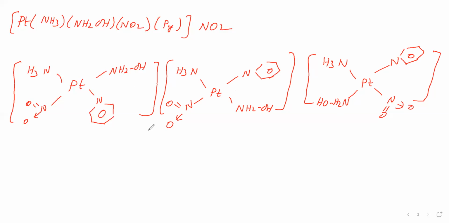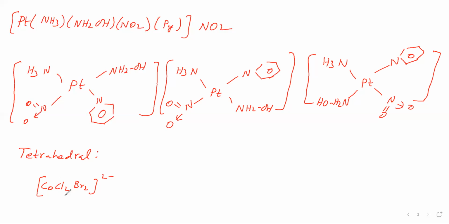Next, we will take a tetrahedral complex and see how geometrical isomerism works for it. Now we will take the complex [CoCl2Br2]2-. Here cobalt oxidation number is +2.